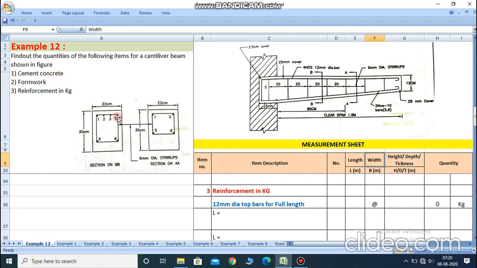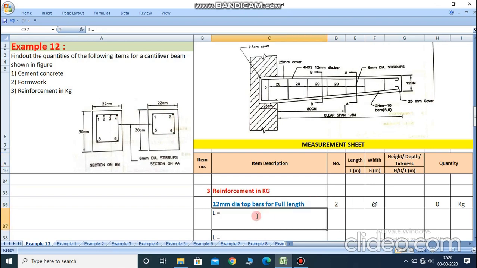In this 4 bar, 2 bars are provided as a curtail bar at the top. So here 2 bar is a full length bar and 2 bar is a curtail length bar. So right here we write the number is 2.